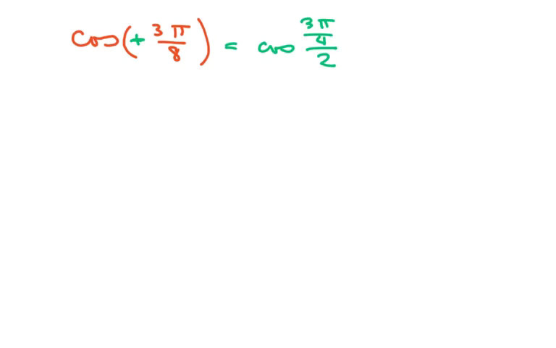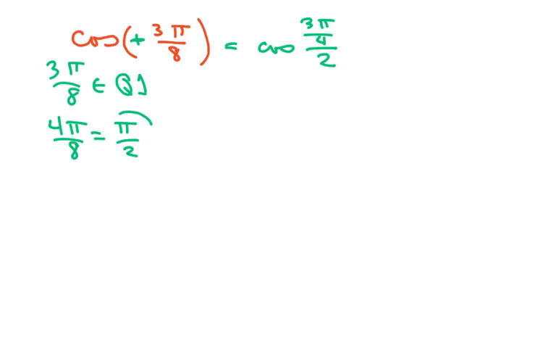And when you do that, we know that 3 pi over 8 is in quadrant 1. 3 pi over 8 belongs to quadrant 1. And if you don't know why, just remember that 4 pi over 8 equals pi over 2. So we know that it's less than that, and the top of this would be right here, pi over 2. So we know 3 pi over 8 is in here somewhere.